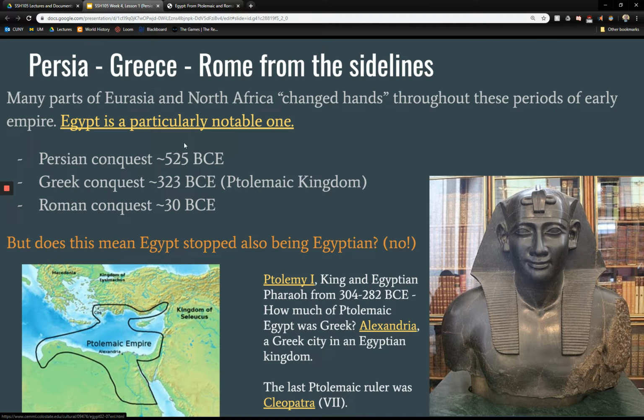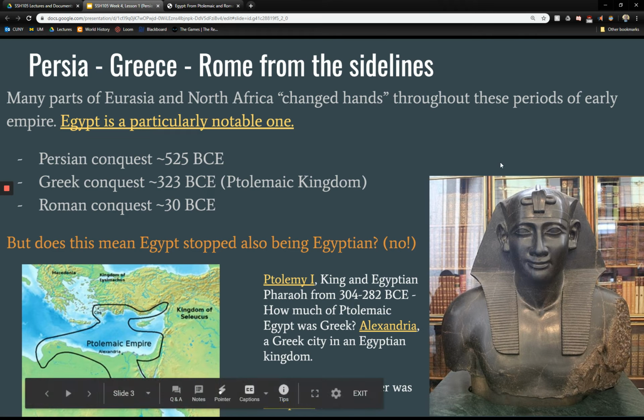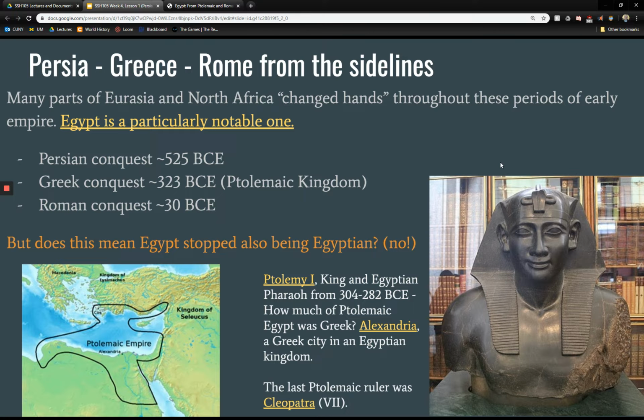For example, here on the right, we have this very interesting bust of Ptolemy I, who was both king and pharaoh of Egypt from 304 to 282 BCE. So this is a Greek king who is controlling Egypt. And Alexandria, which we'll hear a little bit more about later today, and which is talked about in your textbook, is this Greek city in an Egyptian kingdom.